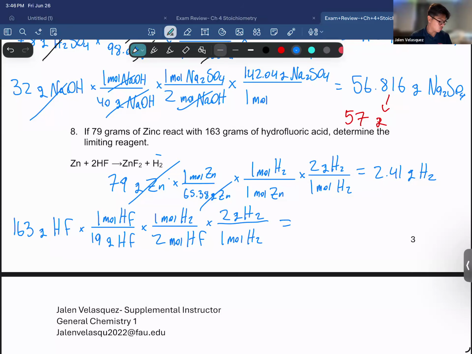So 163 grams of hydrofluoric acid will give you 8.15 grams of H2. So from here, 2.41 is a smaller number, right? So that means zinc is the limiting reagent.